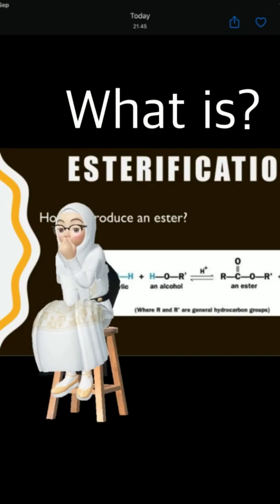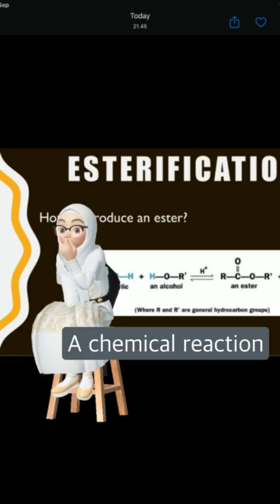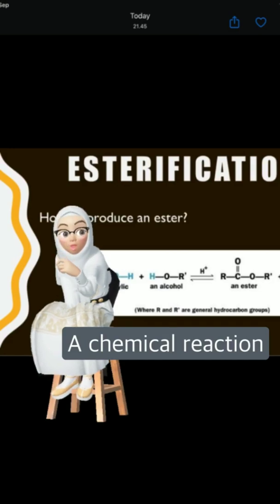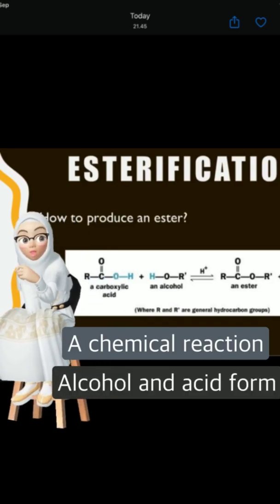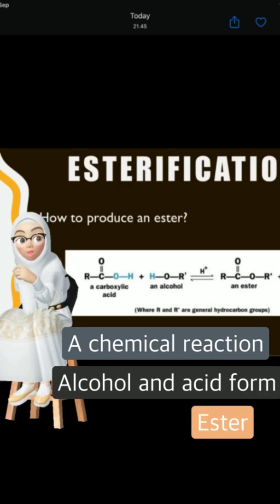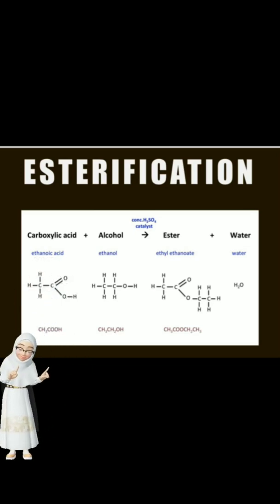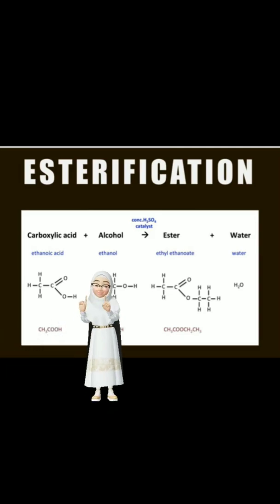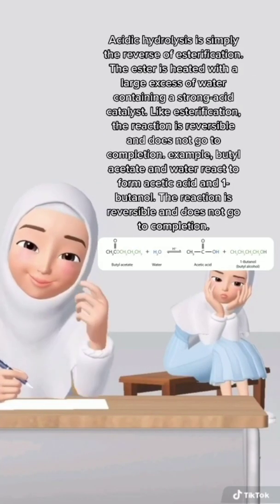What is esterification? Esterification is the general name for a chemical reaction in which two reactants, an alcohol and a carboxylic acid, form an ester as the reaction product. The example of esterification is ethanoic acid plus ethanol will become ethyl ethanoate plus water, using a strong acid catalyst.